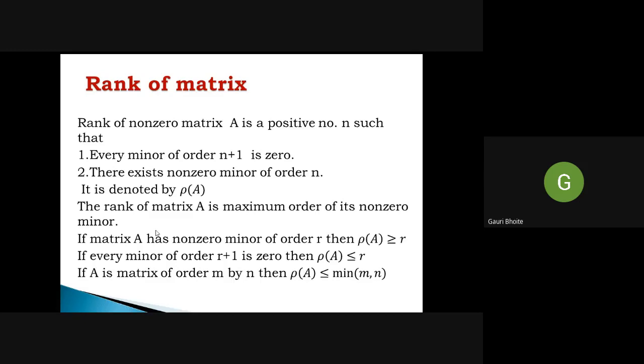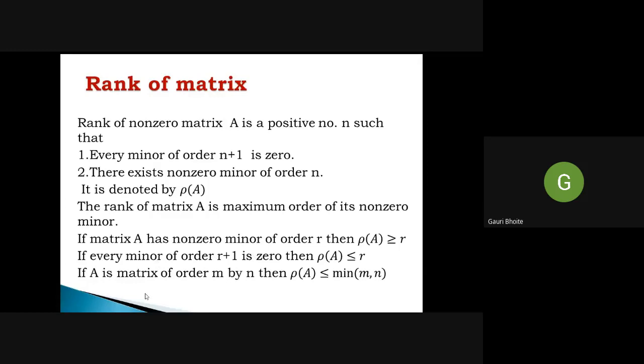We denote it as rank of A is rho of A. We are not interested in the definition now. We are interested in how to calculate the rank of the matrix, and you have already seen in M1 how to find it.